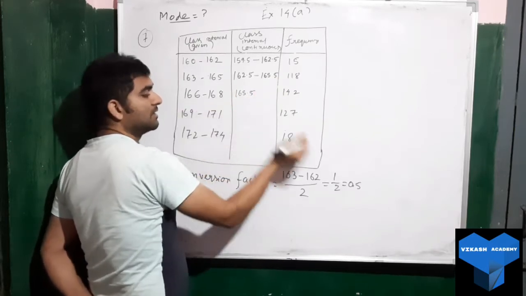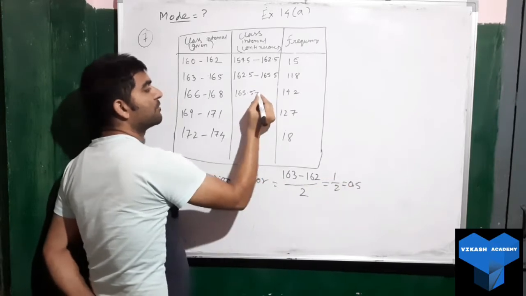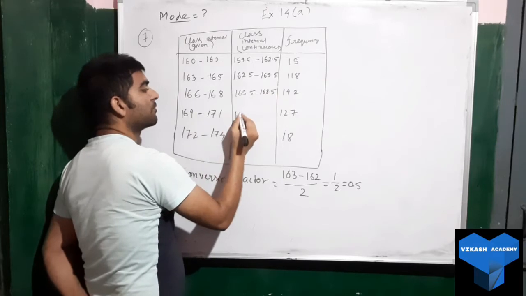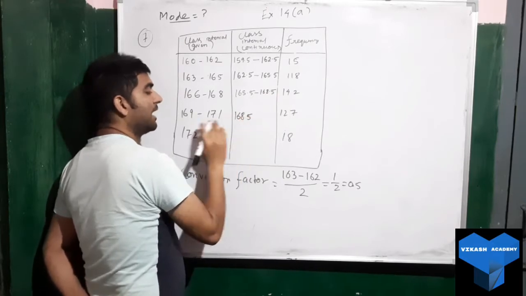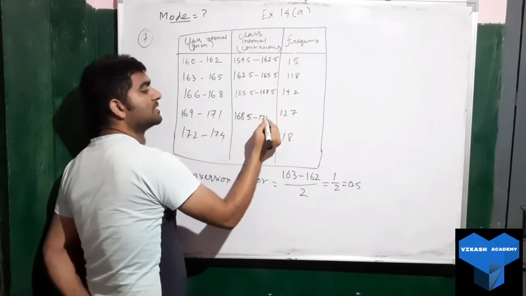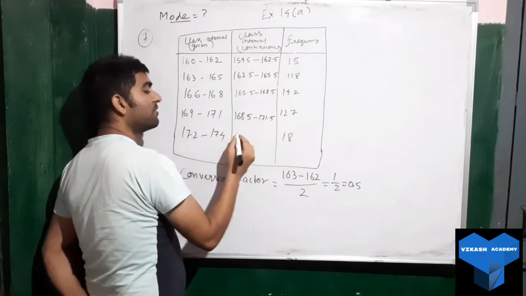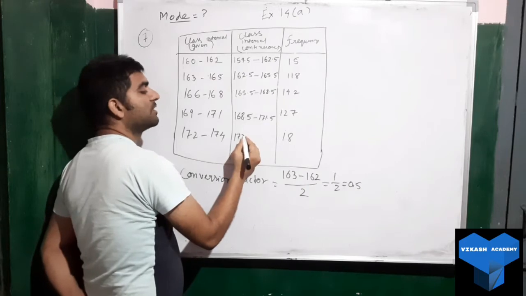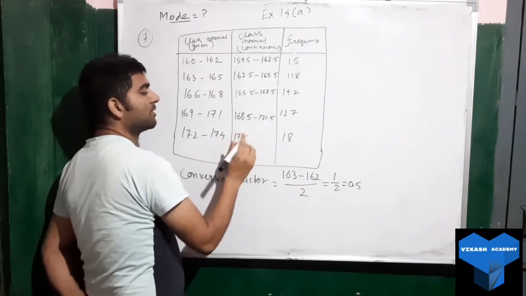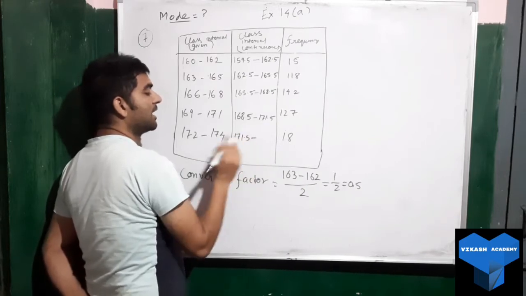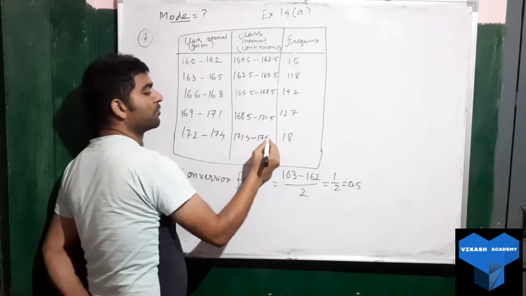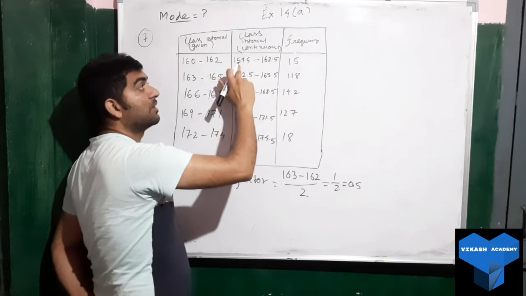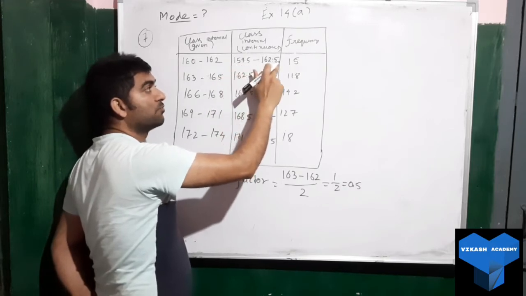Add the conversion factor to 168 to get 168.5. Subtract from 169 to get 168.5, add to 171 to get 171.5. Subtract the conversion factor from 172 to get 171.5, and add to 174 to get 174.5. Now it is regular and continuous: 159.5 to 162.5.